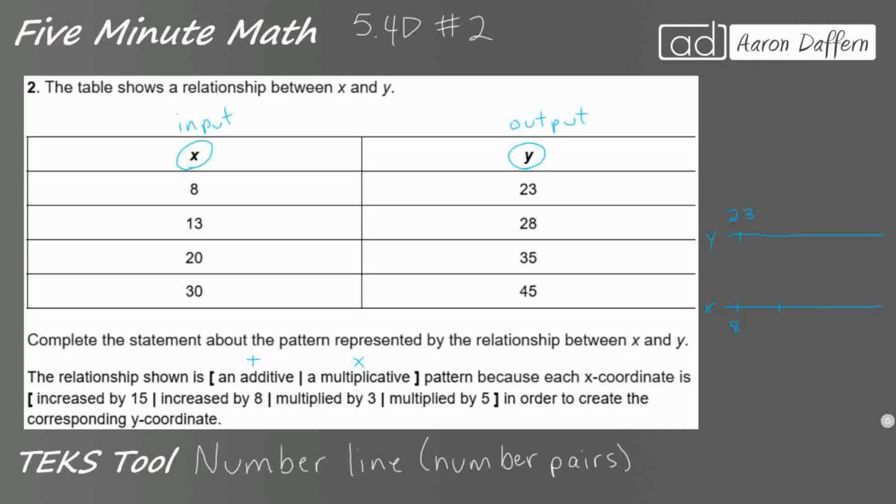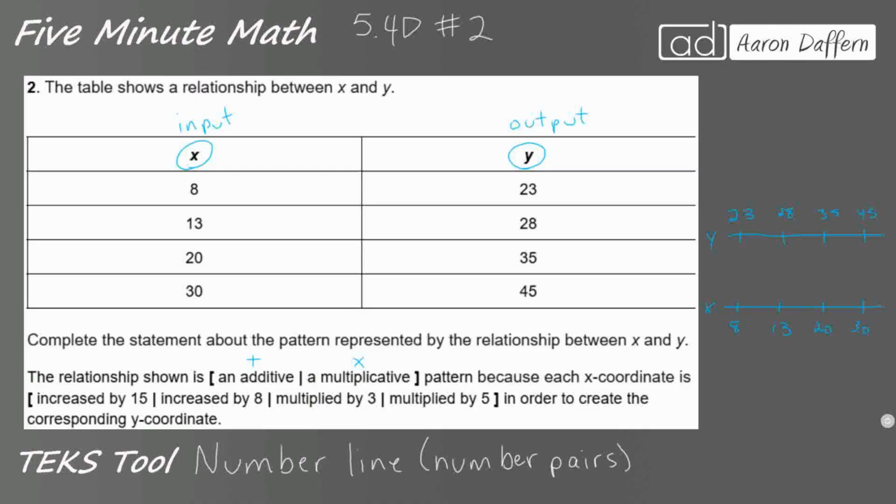My x of 13 corresponds with my y of 28. My y of 35 corresponds with my x of 20, right? And then I've got my 30 and 45. All right, so now I have recreated the table, but I've put them on a double number line.